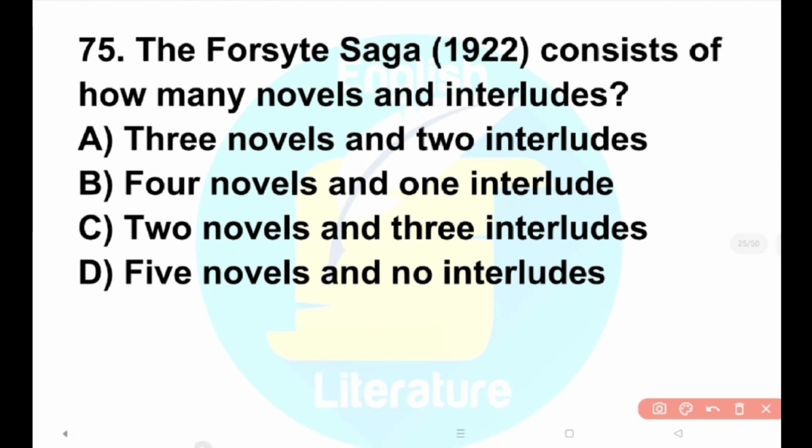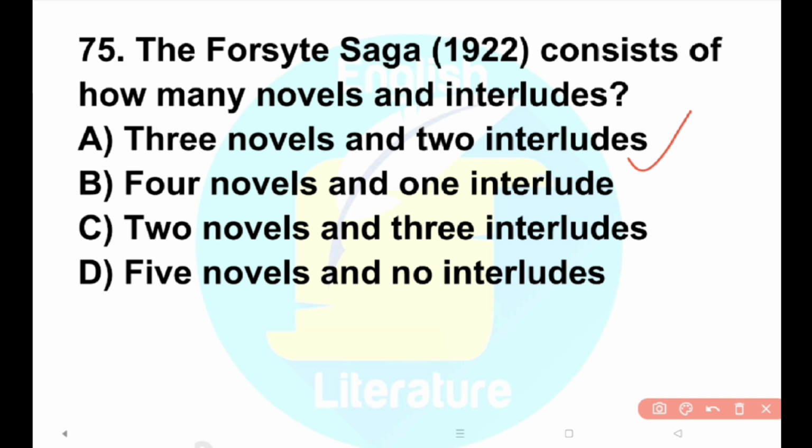The Forsyte Saga, 1922, consists of how many novels and interludes? Option A, three novels and two interludes.